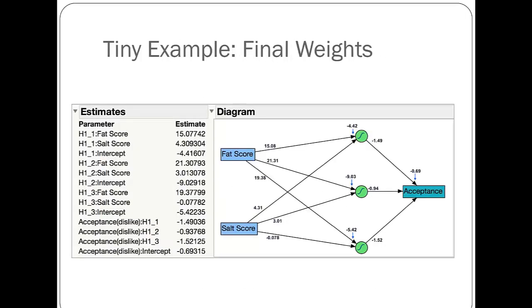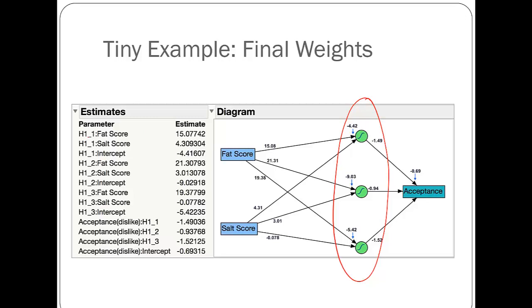Here's an example of the output for our cheese acceptance data set, and you can see we have one hidden layer with 3 nodes. We've got a fat score and a salt score, and after the criteria have been met for stopping, we're using the maximum likelihood estimates in this case, and the weights are given here.